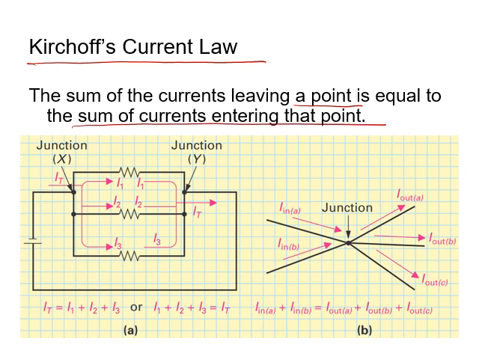So here I total is equal to I1 plus I2 plus I3, or I1 plus I2 plus I3 equals I total. We're not going to add more current because the original current that comes from here has to stay out here. And at this junction, I in A plus I in B is equal to I out A plus I out B plus I out C.